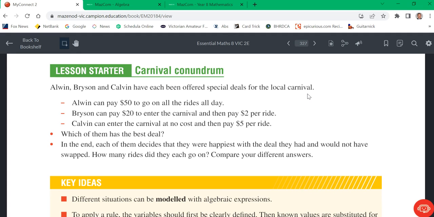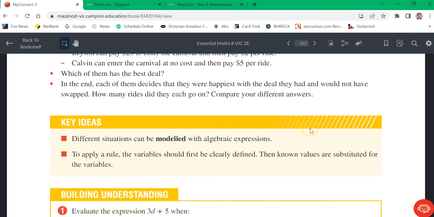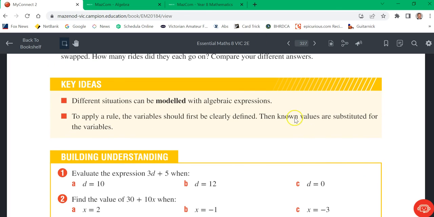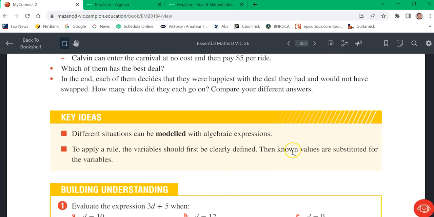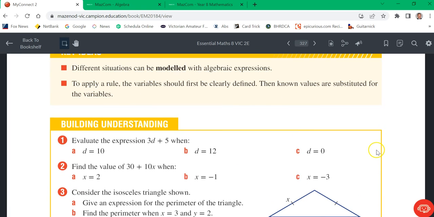So Melbourne Show or something like that. Whereas you can pay no cost to enter and then pay $5 for the ride. So you could work out what's the best deal for those, right? You need to be able to model it with an algebraic expression. So we'd look at those for giving that in a carnival situation.